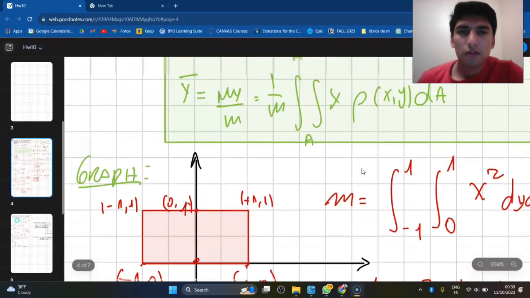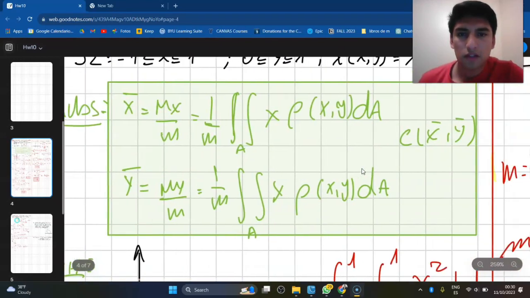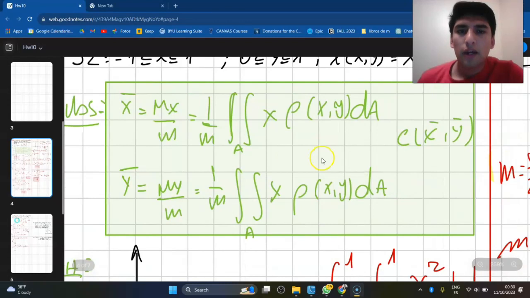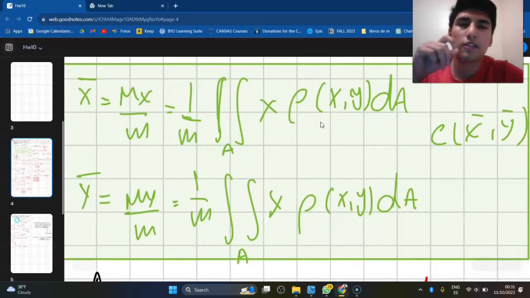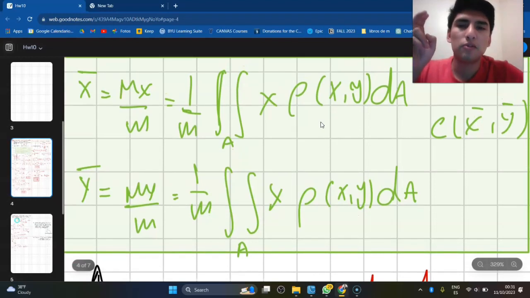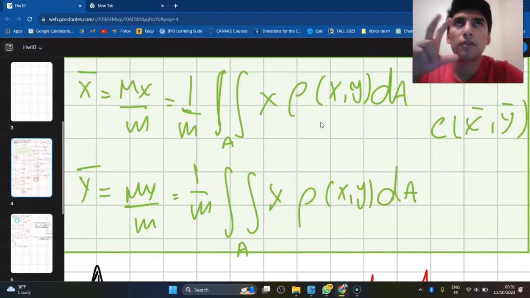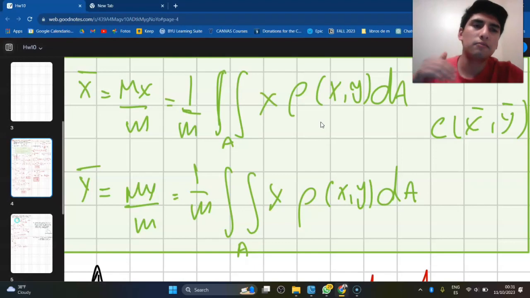Now for the center of mass, we have these formulas, but here is a catch. If we're going to find the center of mass with respect to x, we need to enter an x variable inside our function. The same goes with respect to y: we set our function and then add a y variable multiplying that function.